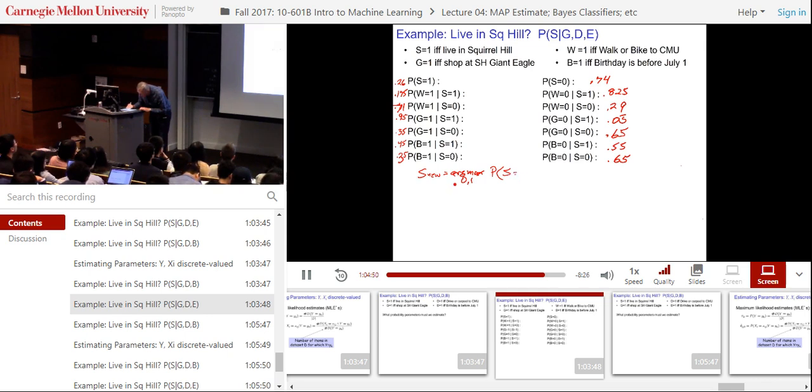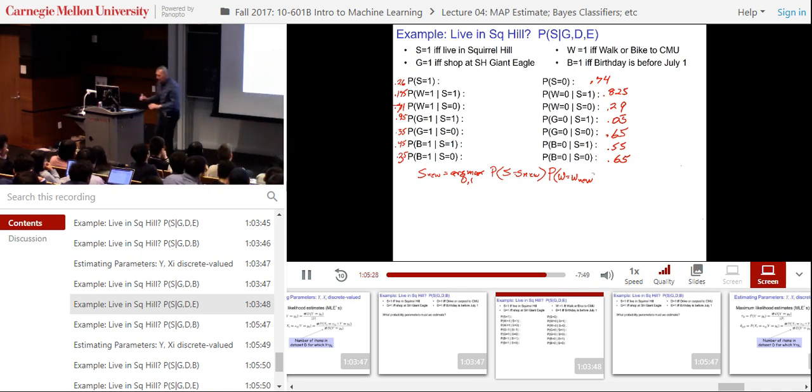I'll write times, well, I guess I have to write them all out. Times the product over all my x sub i's, which are W, G, and B. So given a new test example, we're going to see what their W new value is, their B new value, and their G new value.